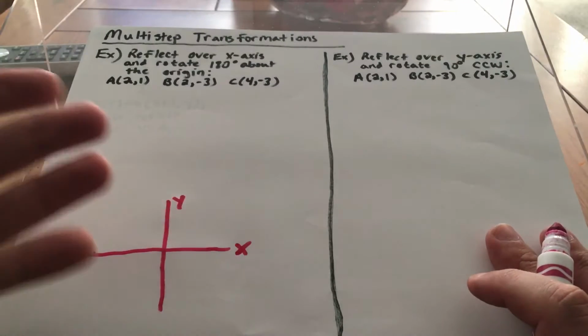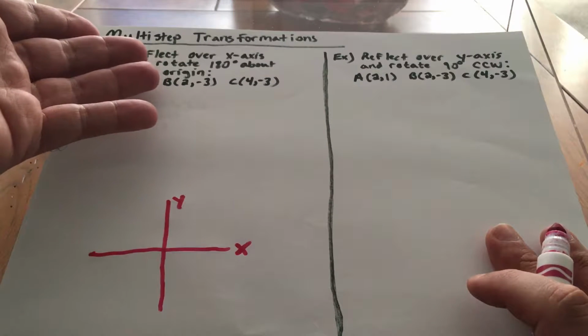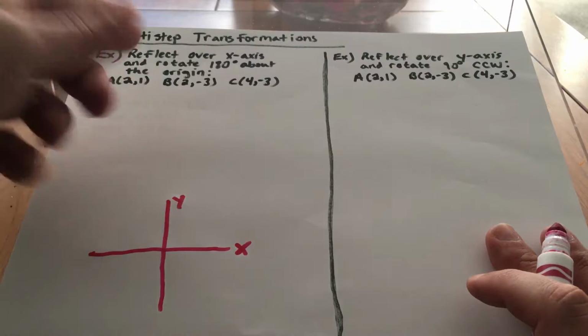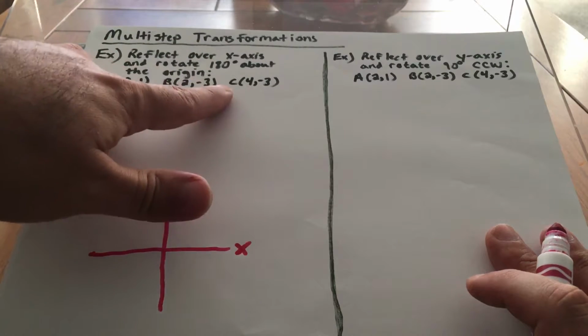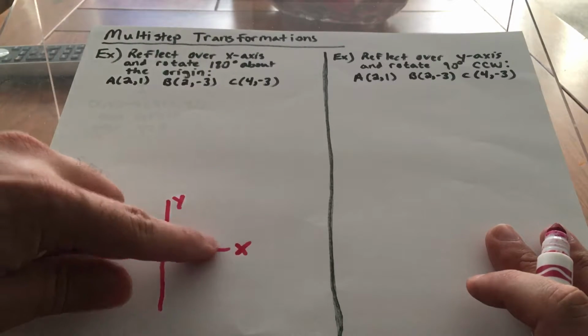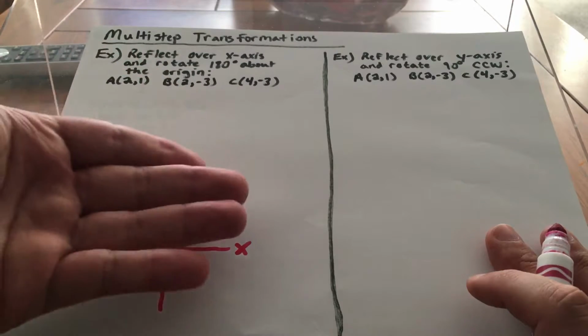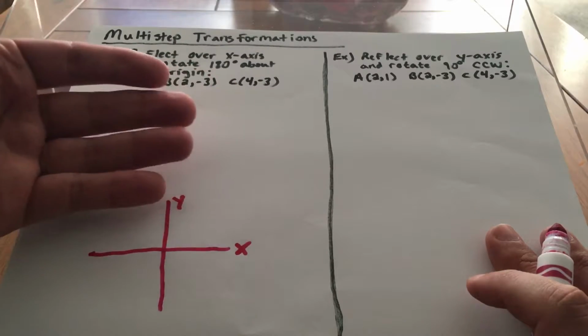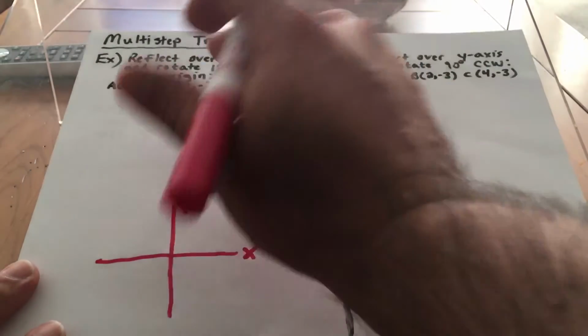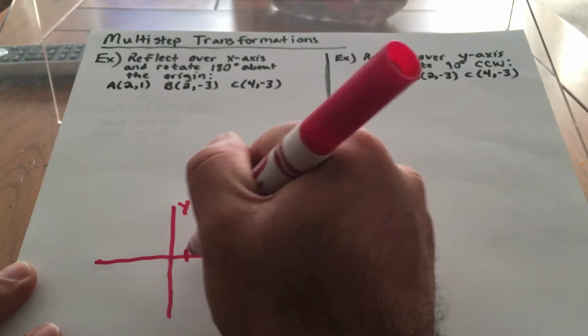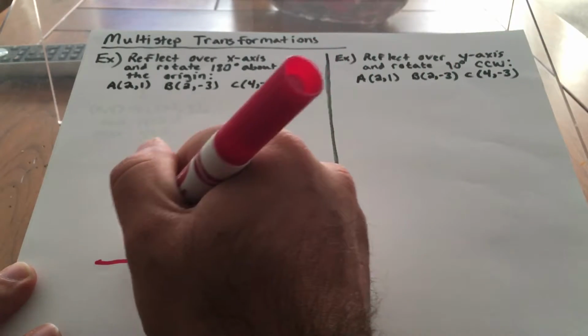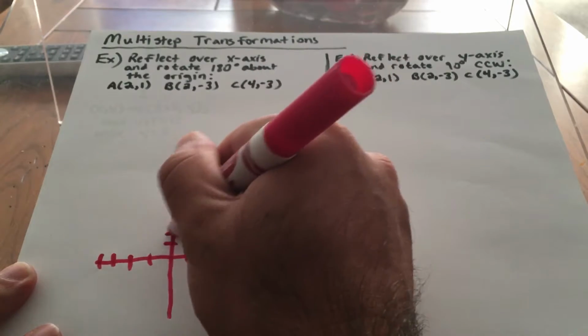All right, so whatever this shape is that they want us to reflect over, it looks like a triangle. They want us to reflect over this x-axis. So let's just go ahead and plot it actually. In this case, we'll put some tick marks here.